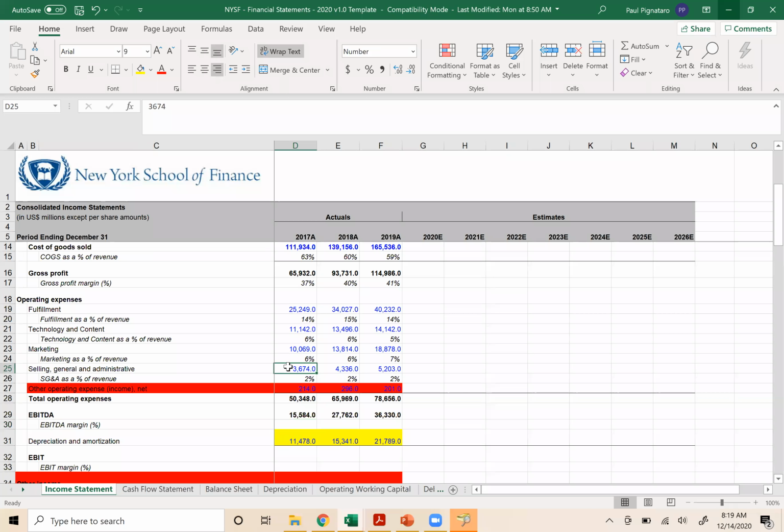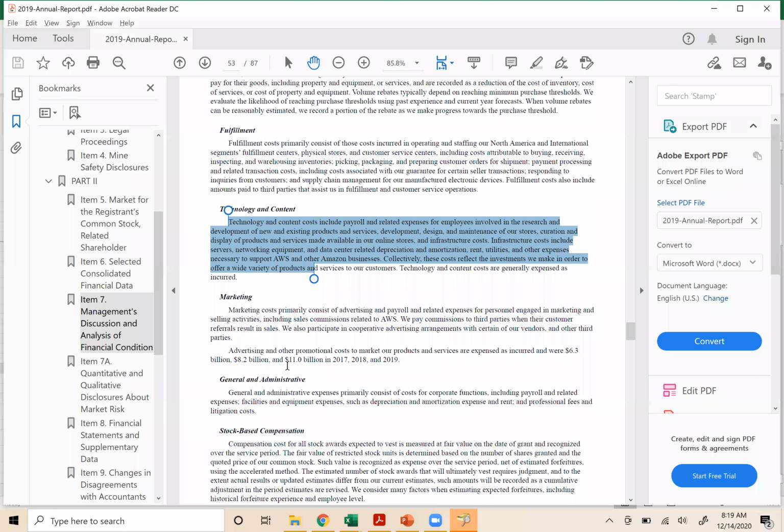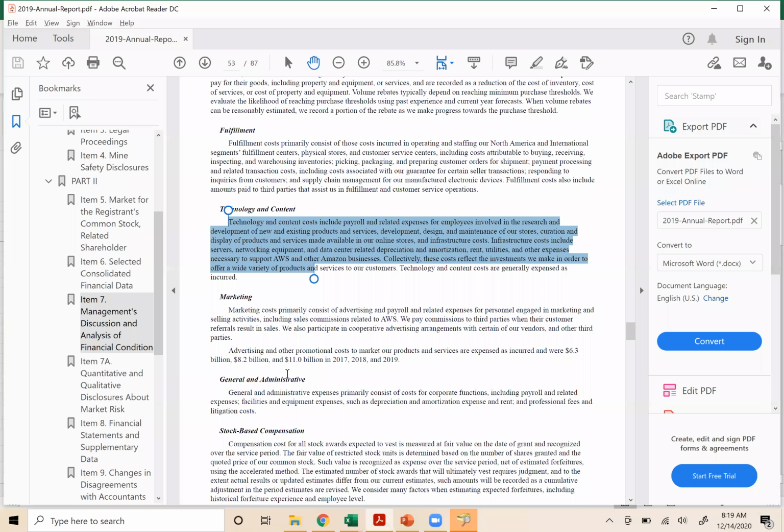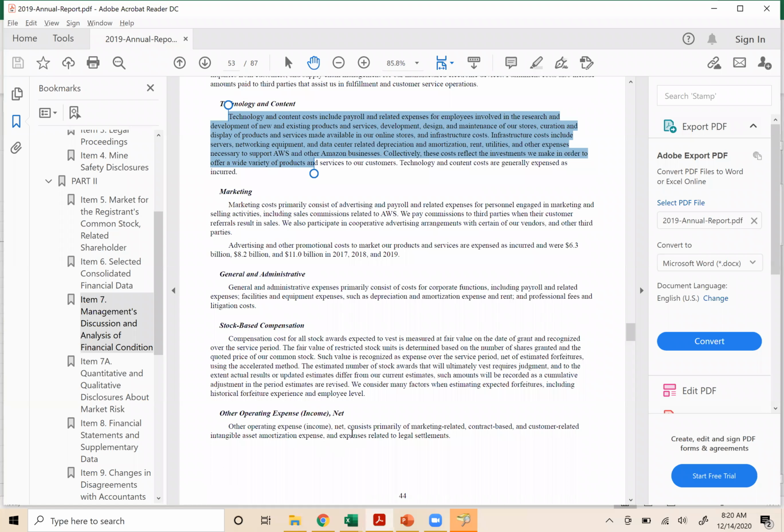Right now, we've seen notes about depreciation in technology and content or general and administrative. Last one is operating expense. Operating expense is very, very tiny, so I don't think it's in there, but maybe. Let's see. They don't even talk about it here. Sorry. Other operating expense includes marketing-related, contract-based, customer-related, intangible asset amortization. So it does. Okay.